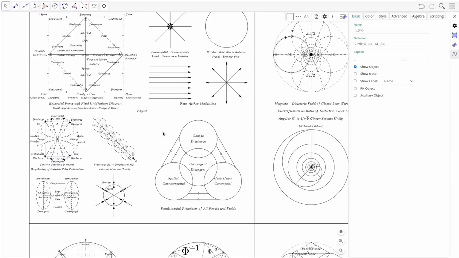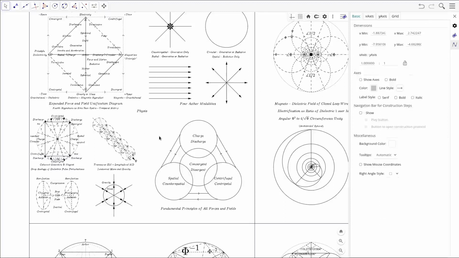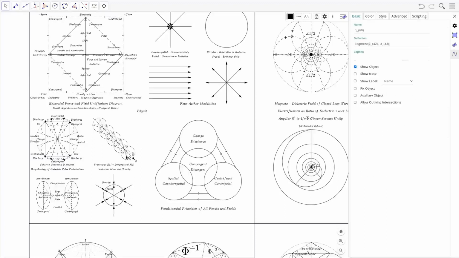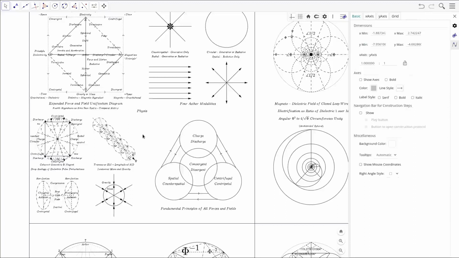And if that was confusing, well, it's because the Q part is actually this. It's the dotted line part.